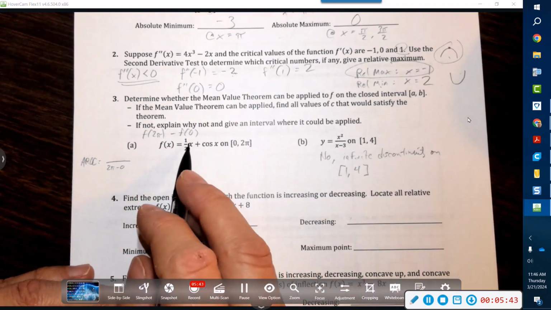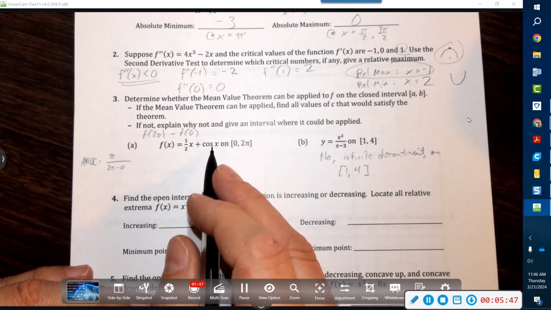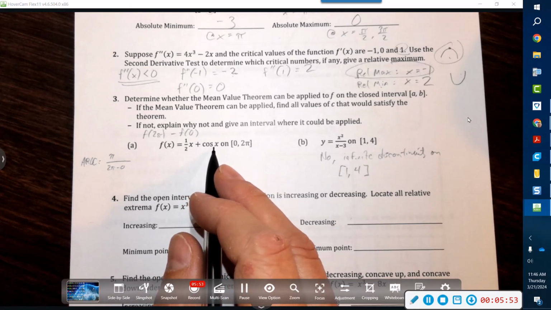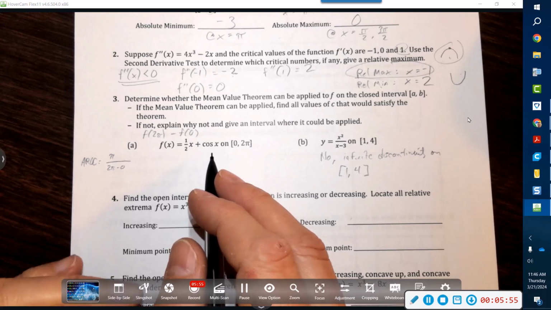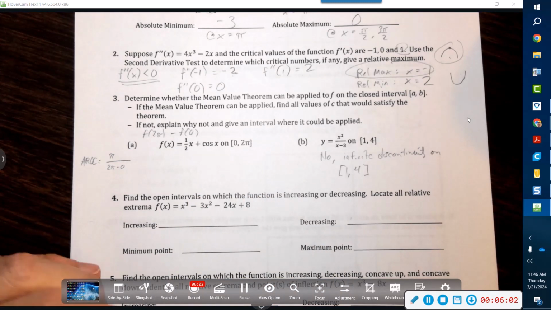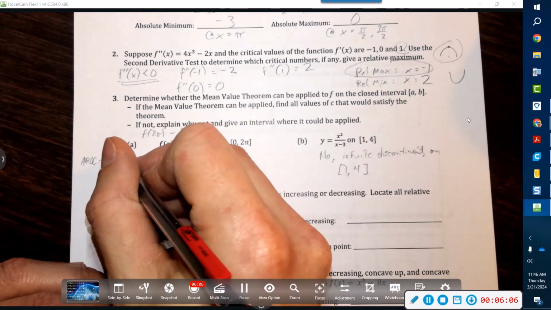So 2 pi cancels out, you get pi, and the cosine of 2 pi is 1, right? Yeah. Okay, so that would be plus 1.